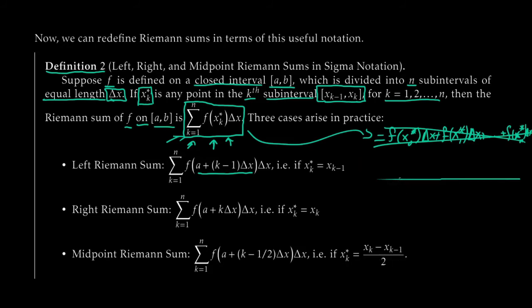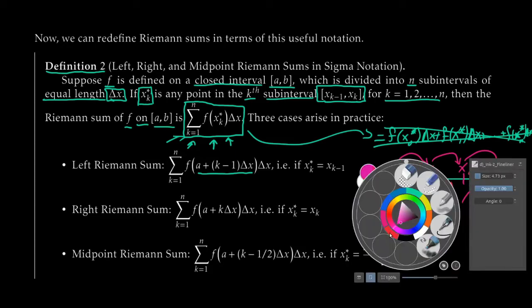So you start at A and you're going to B and you've got n subintervals. Let's say here we've got, I don't know, let's just do 3. So you start at A, that's x0, and then you go 1 interval over and you get x1. You go 1 interval over again, you get x2. You go 1 interval over again, you get x3. But when we're doing a left Riemann sum, we only pick up 3 of these because we only have 3 intervals. You only pick up 3 of them for a right Riemann sum too.